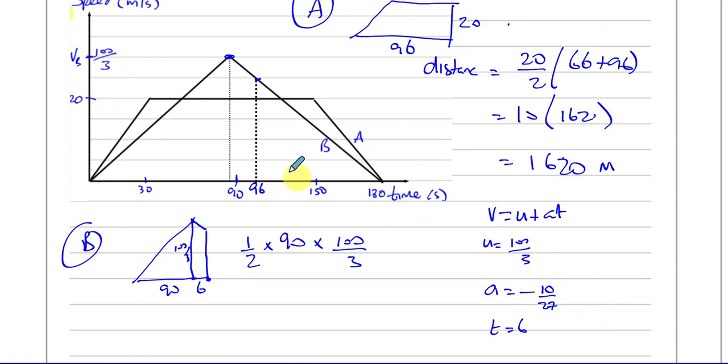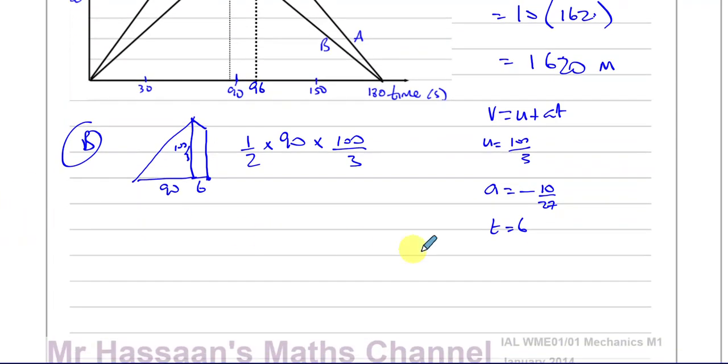And we want to find what the final speed is. That will give us the length of this parallel side. Okay, so we can say that v is equal to 100 over 3 plus minus 10 over 27 times 6. So that gives us what?